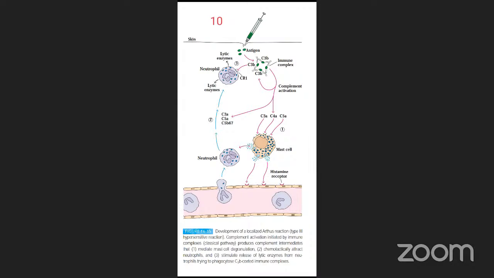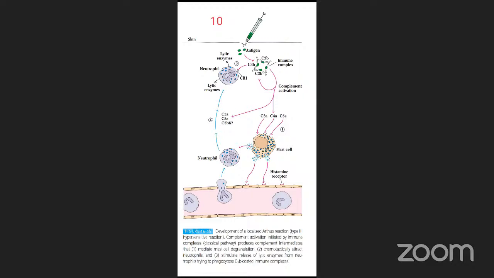Mast cells also have complement protein receptors on the surface, like the same immunoglobulin E receptor, and these receptors facilitate the attraction and binding of C3A, C4A, C5A to the mast cell, which also induces the degranulation process.